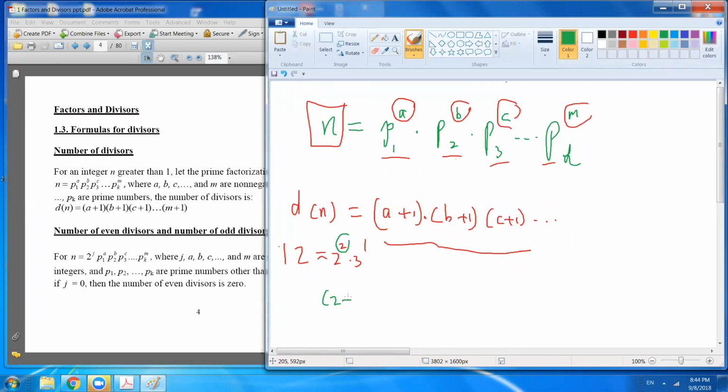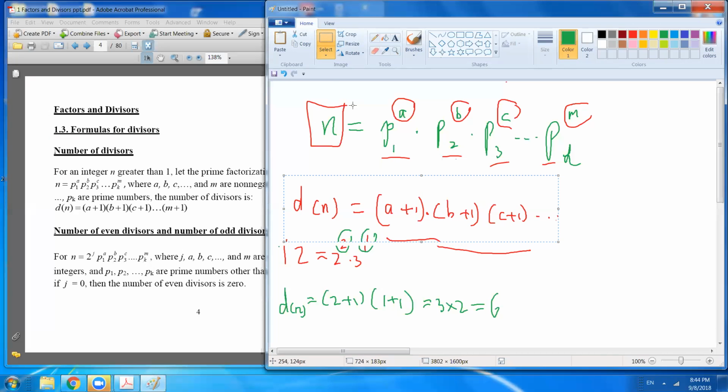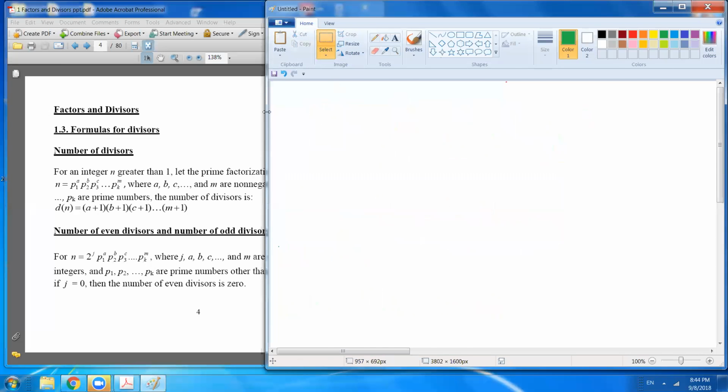Put 2 plus 1 over here. D(12) equals that. So we do the product, right? Then we move this 1 over down, over here. You got 3 times 2, which is 6. And we see that, right? First page. Okay? This is the formula. And you know this, right? No trouble. Right? This is the way.